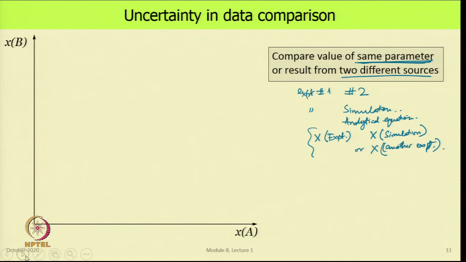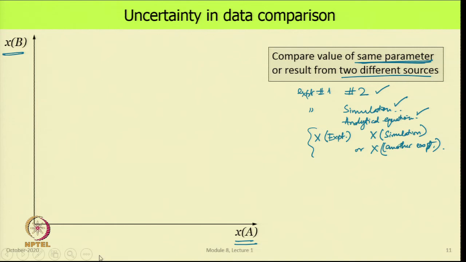Our axes are now still two, but one is x from source A, the value of x, the parameter. It could be any of the measurands in the experiment, or it could be any of the results of the experiment, and x from source B, and that B, as we said, could be either an experiment or a simulation or from an analytical equation.